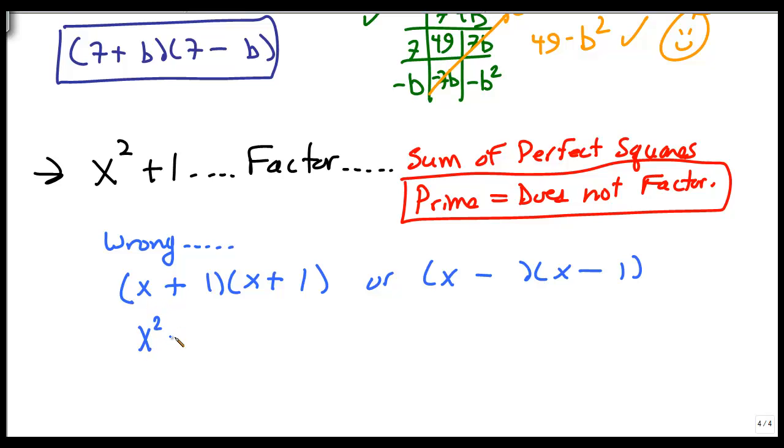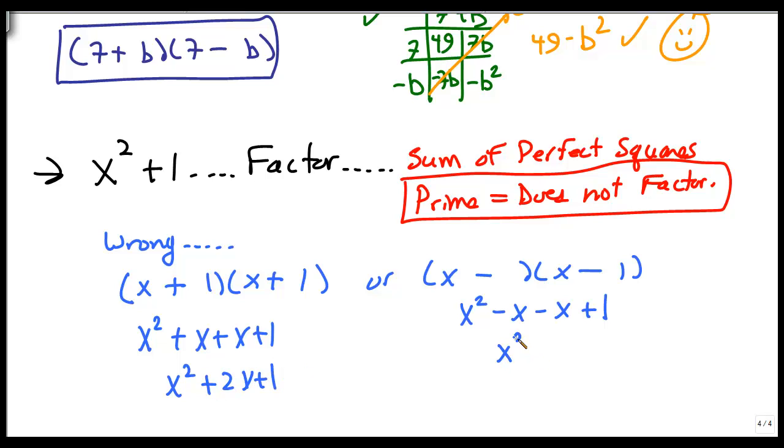But when I FOIL this out, I'd get x squared plus x plus 1. And here I'd get x squared minus x plus 1. This one would give me x squared plus 2x plus 1. This gives me x squared minus 2x plus 1. Notice, this does not equal x squared plus 1. This one does not equal x squared plus 1 either. So that's why we say it's prime, it doesn't factor. There's no way I can get those outside and inside terms to cancel to 0 unless I work in the complex number system, and we are focusing on the real number system right now.